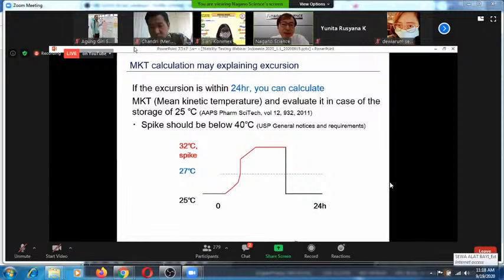Say that the MKT value is 26, and we think the spike of 32 is not very harmful to the product.